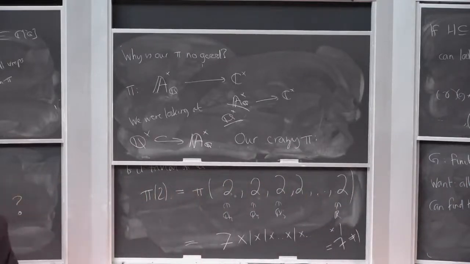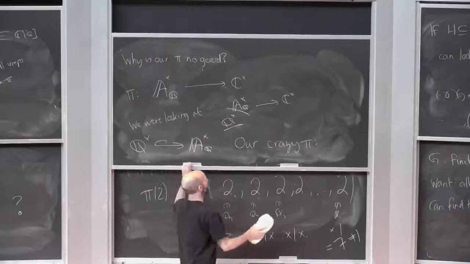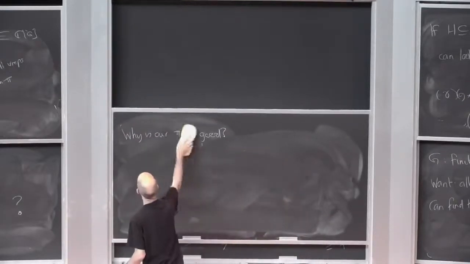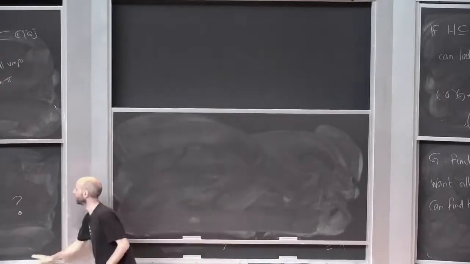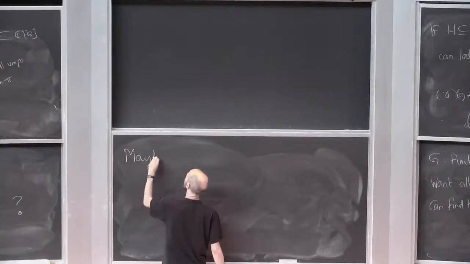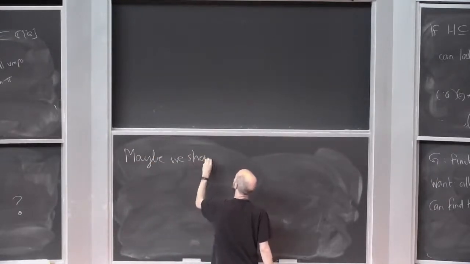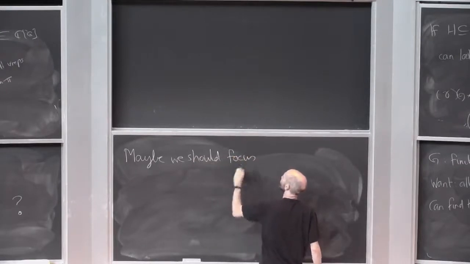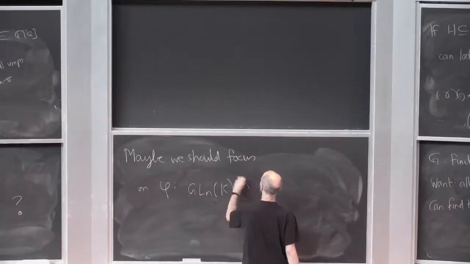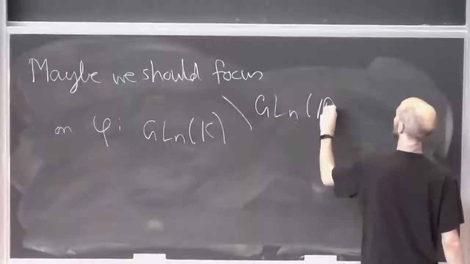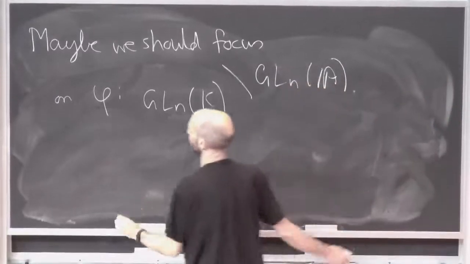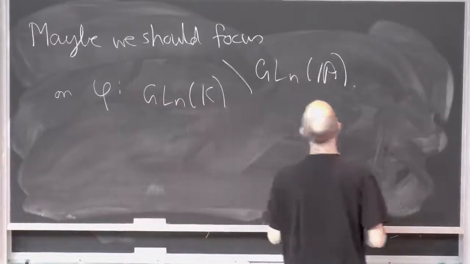So maybe, here's the idea then, maybe an automorphic representation for GLN of the Adeles should not be some random representation of GLN of the Adeles. So maybe we should focus on functions phi from GLN of K to GLN of the Adeles. Okay? So we're going to take all such phi with some properties. Let's not even worry about the properties.